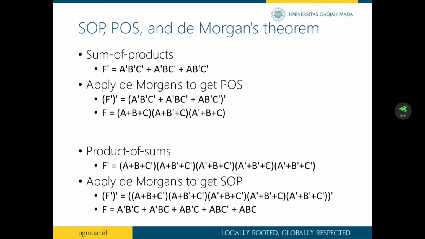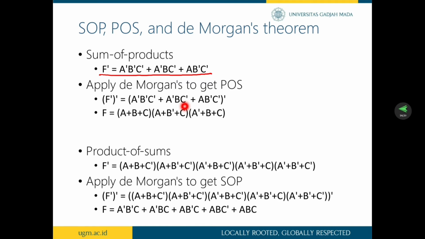If we have a sum of product F accent or F naught is A naught dot B naught dot C naught plus A naught dot B dot C naught plus A dot B naught dot C, we can apply De Morgan to get product of sum form.